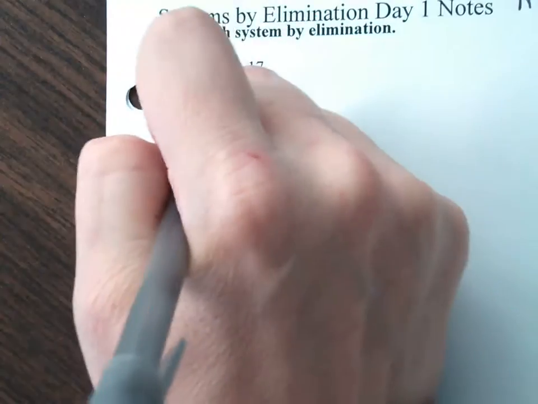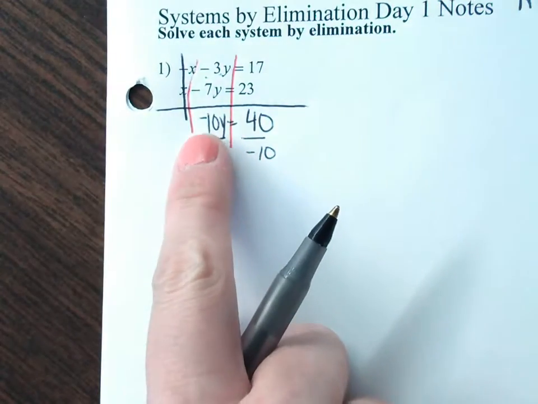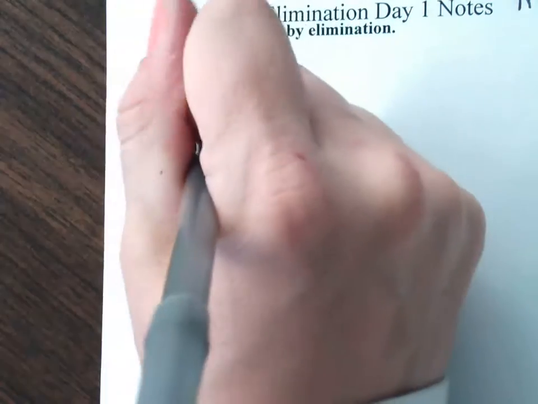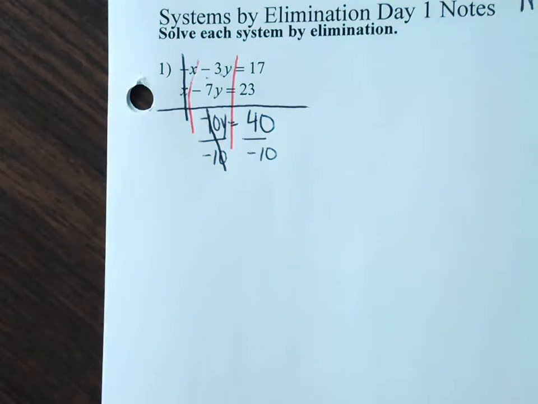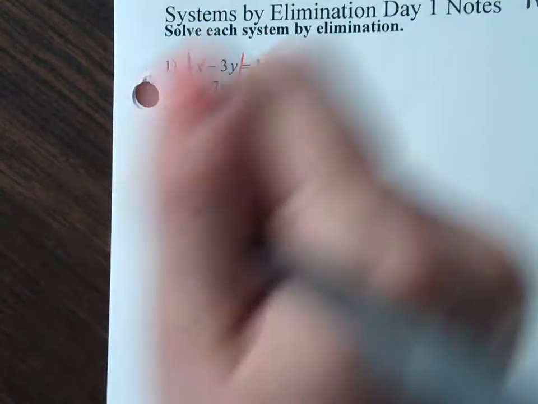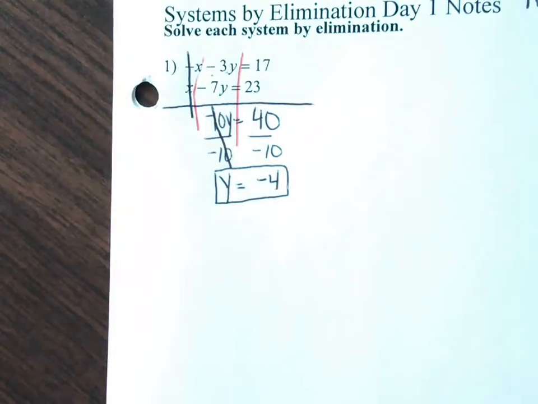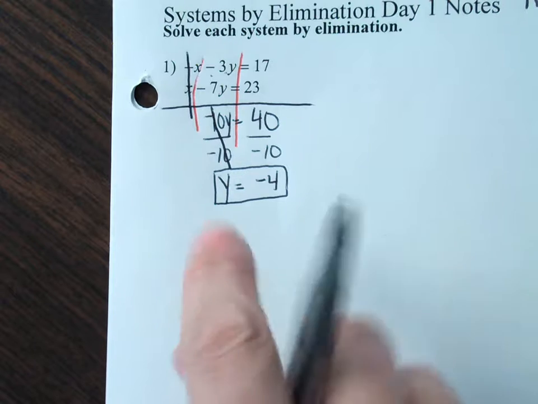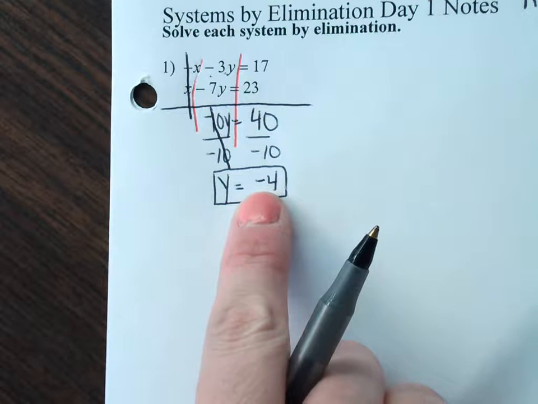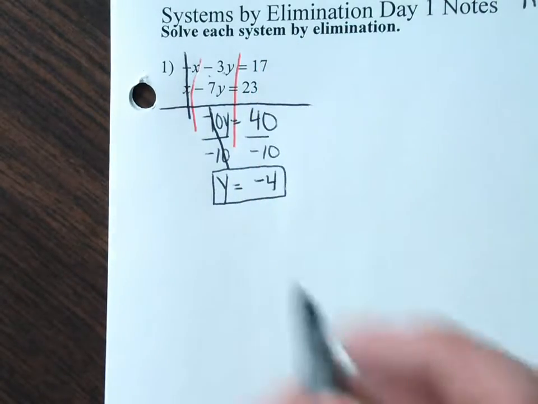Now we solve. Divide both sides by negative 10 because the inverse of multiplication is division. Negative 10y divided by negative 10 leaves me with y by itself, and I have y equals negative 4. Now we need to plug y, the value we got for y, in for one of our two equations up here.